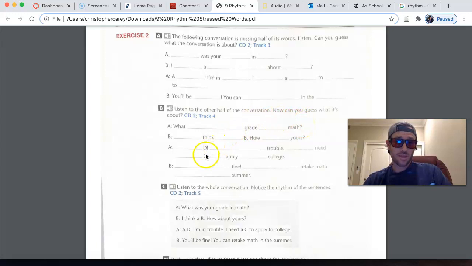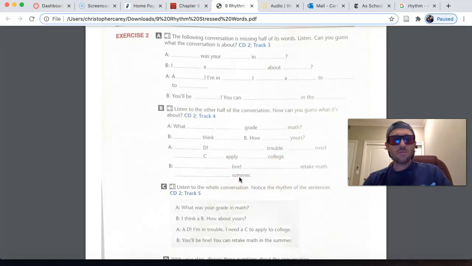We have a couple example grades here, right? A D and a C. A little bit of trouble, so the person has a D, may not be doing all too well, and it looks like maybe they need a C to apply to college. And the friend or classmate is saying, hey, it's okay, that they can retake math perhaps in the summertime.